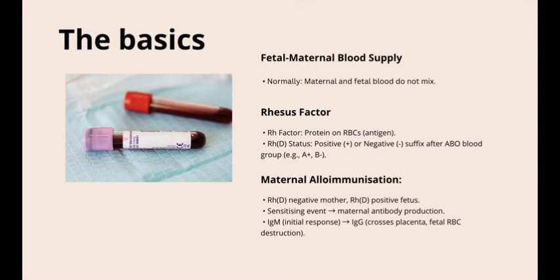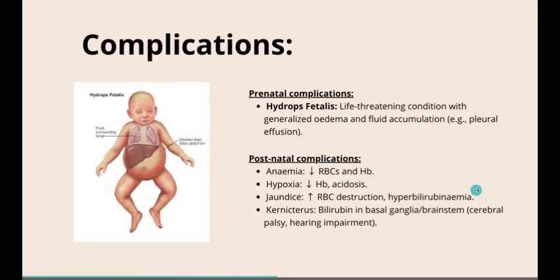And let's talk a little bit about that and the complications. So probably the way to think about this is prenatal and postnatal complications that are all related to the process of hemolysis when those anti-D antibodies go into the fetus in the second pregnancy or subsequent pregnancy.